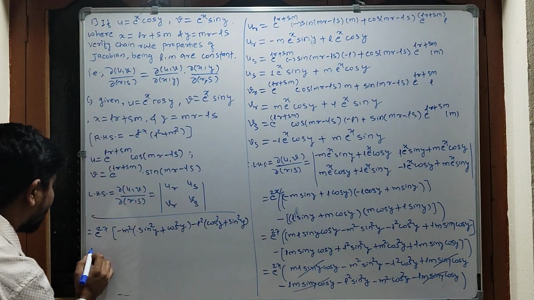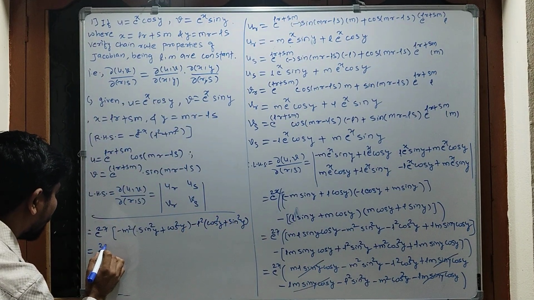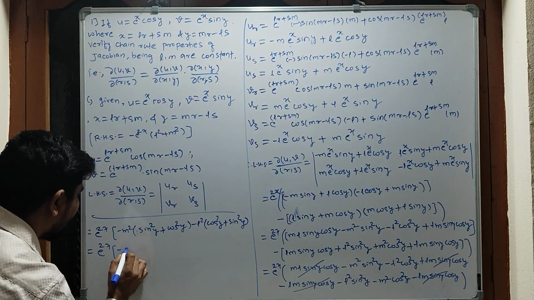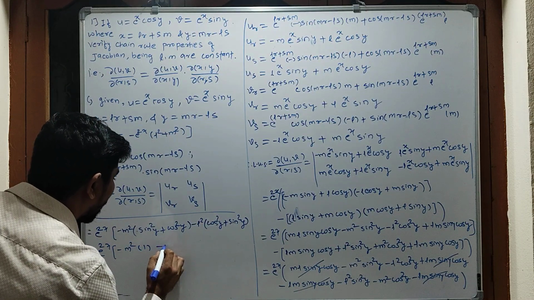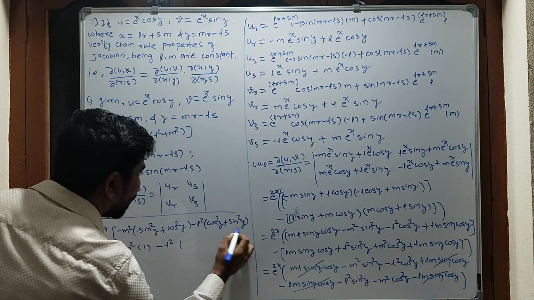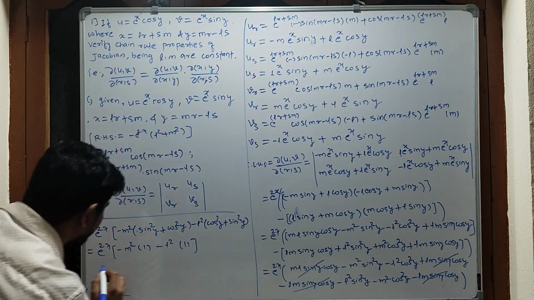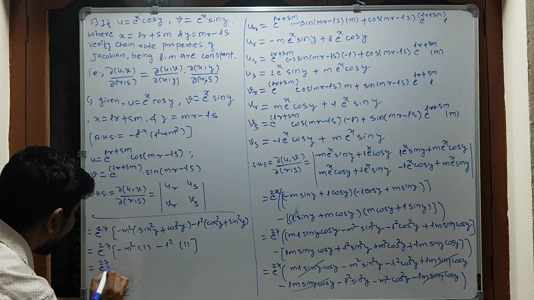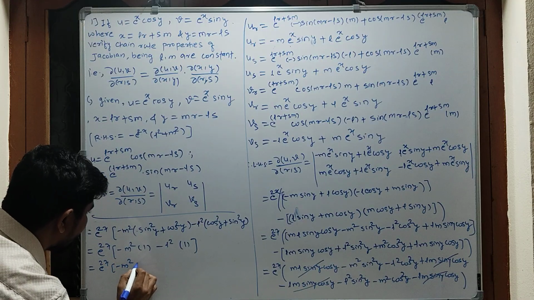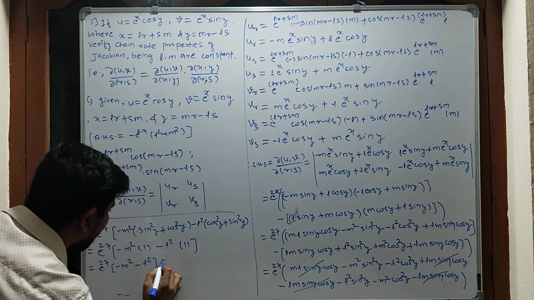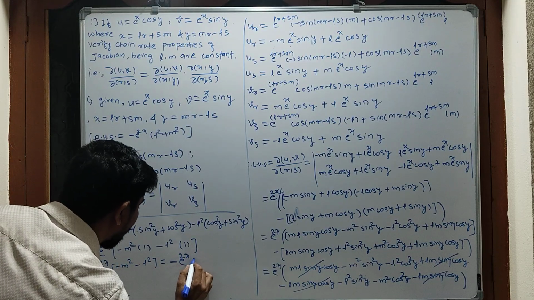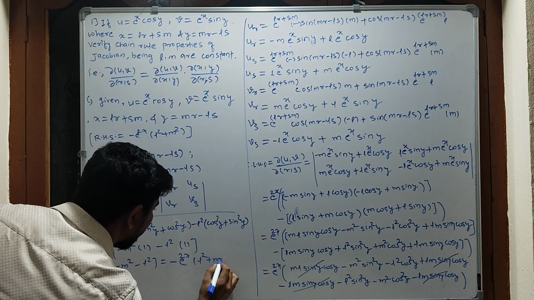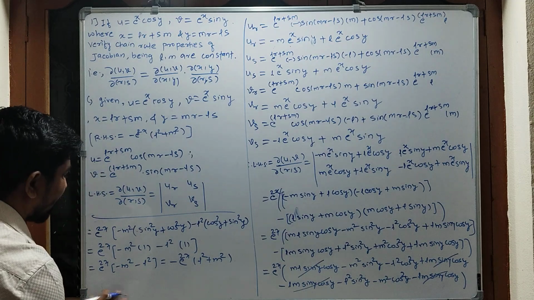So this is equal to e to the power 2x in bracket, minus m square times sin square y plus cos square y, which is 1, minus L square times cos square y plus sin square y, which is 1. Which is equal to e to the power 2x times minus m square minus L square. Taking the minus common, e to the power 2x times L square plus m square, which is equal to the right hand side.